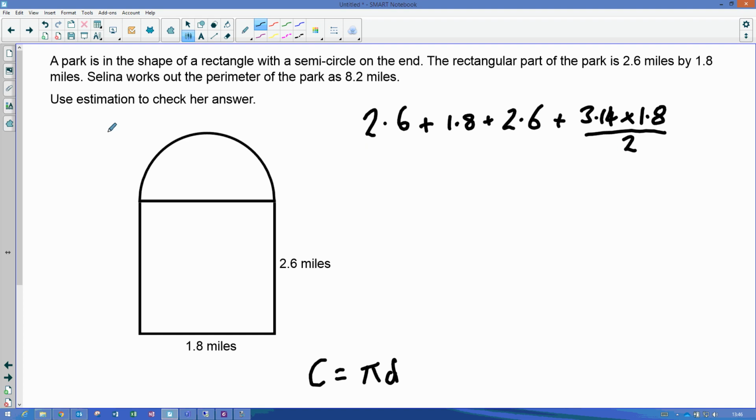And if they'd just said work out the perimeter, we'd be trying to do that sum. But we've been asked to check this answer using estimation. Estimation is about rounding the numbers in your sum before you do the sum, not rounding your answer, rounding all of these numbers to get an easy sum to do.